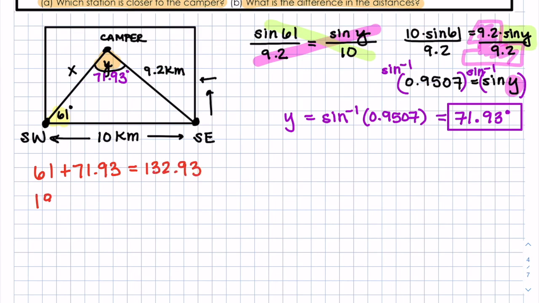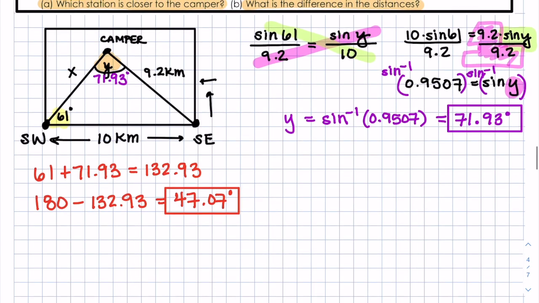And if I do 180 minus 132.93, I will end up with 47.07 degrees. So that's going to be this angle right here. Okay. And now that I know pretty much all the angles and two of the sides, and I'm just trying to find this last missing side right here, I have options.